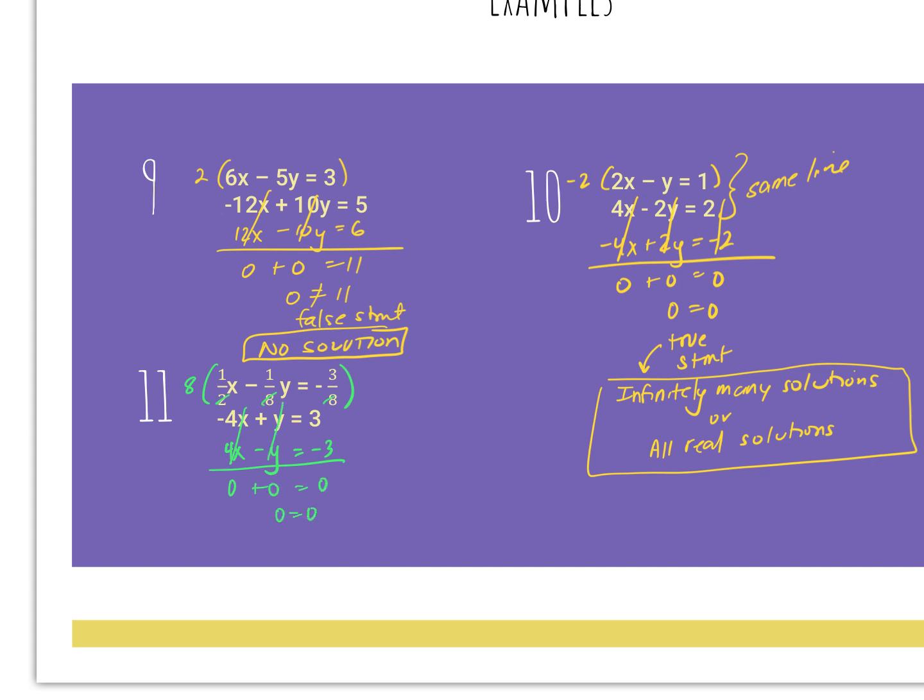Again, it's a true statement. So my solution is infinitely many solutions or all real solutions. Either one of these two is adequate. And again, that means that these two are the same line.